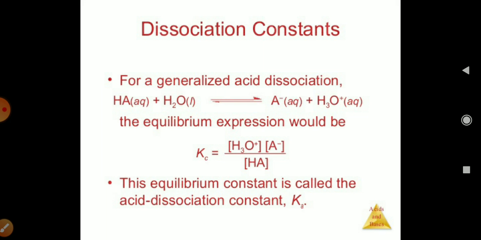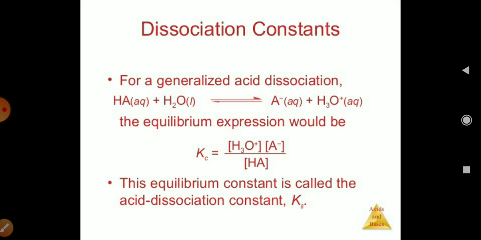What is the dissociation constant? For a generalized acid dissociation, like HA in aqueous plus H2O in liquid, it will convert into A negative in aqueous plus H3O plus in aqueous.